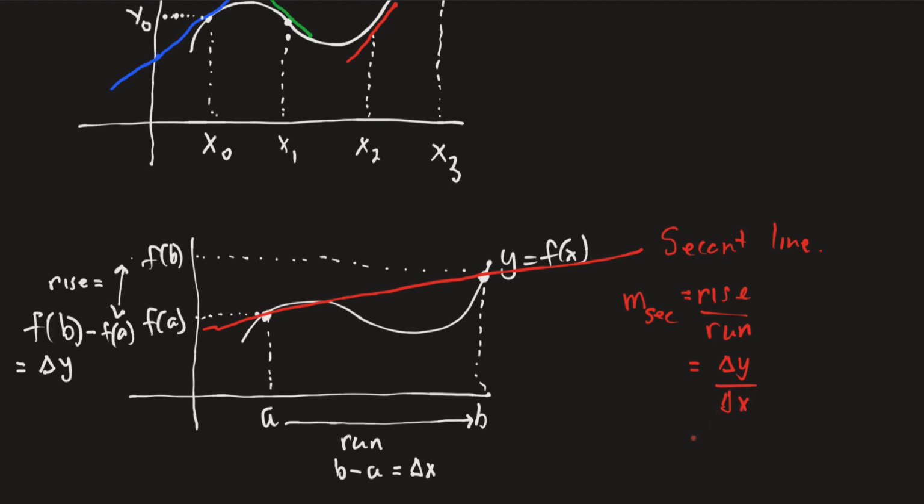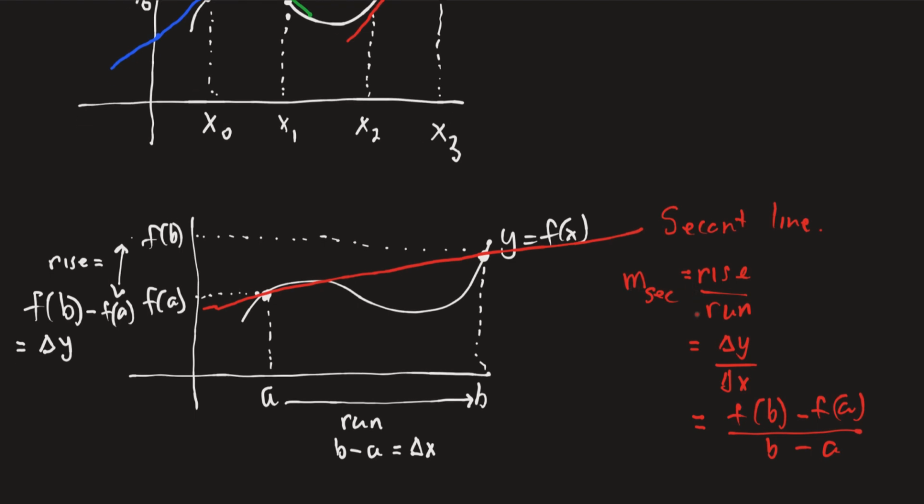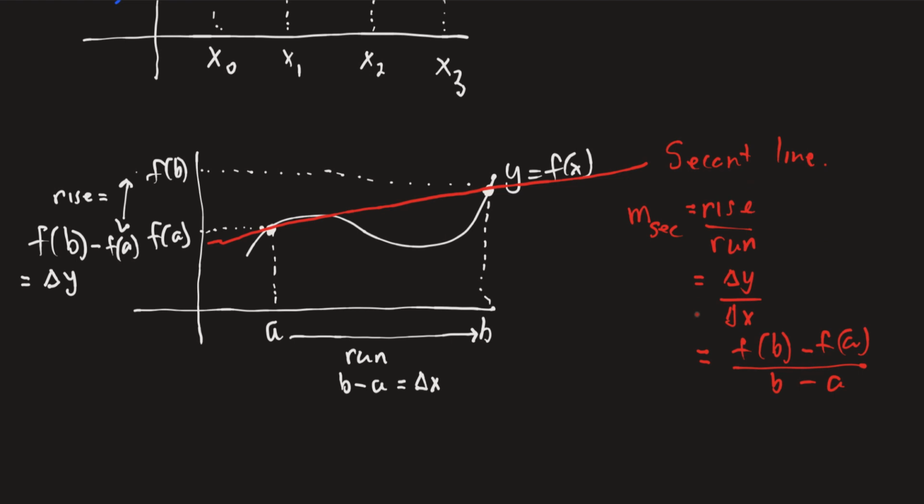And then as an actual formula, it's f of b minus f of a over b minus a, right? So all of these are saying the exact same thing. This is the slope of the secant line. And the number that we end up with, and remember, slope is going to be a number, in this case, a constant slope.